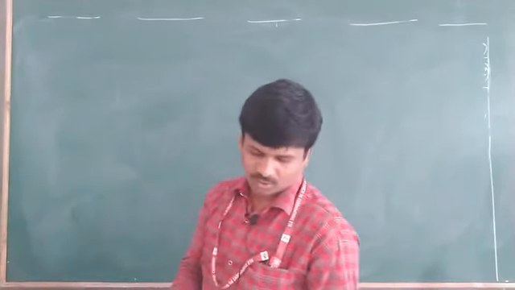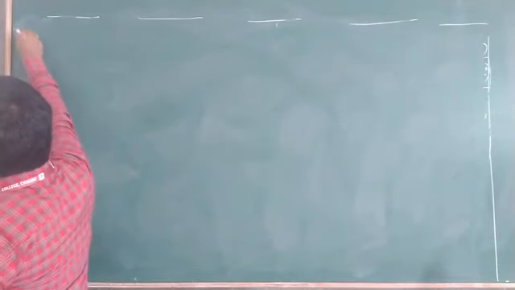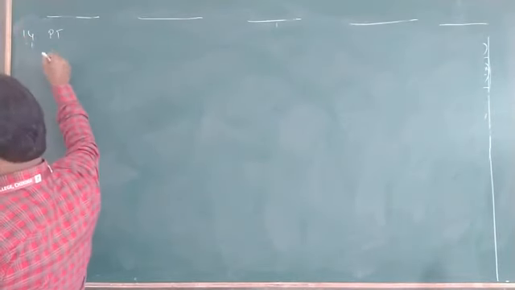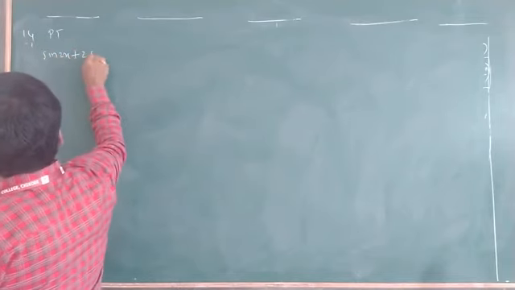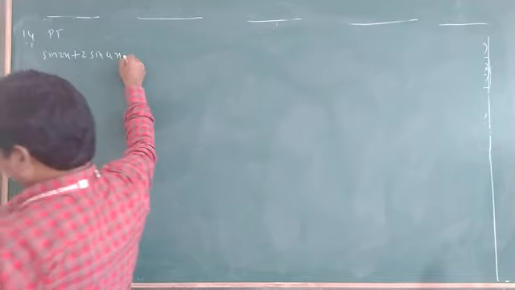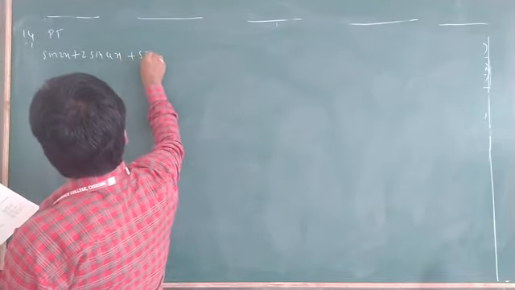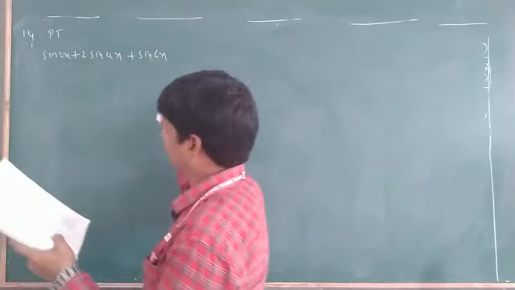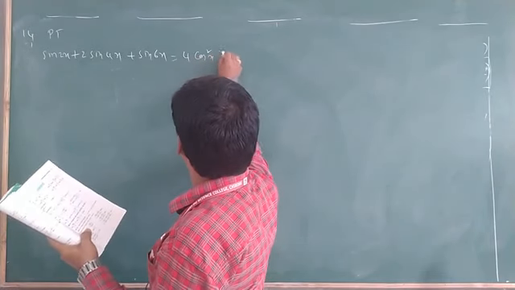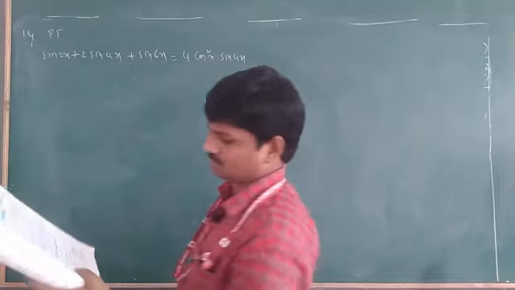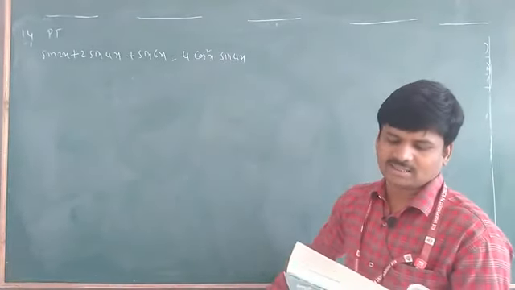Question number 14. What is given in 14? Prove that sin 2x plus 2 sin 4x plus sin 6x is equal to 4 cos square x into sin 4x.